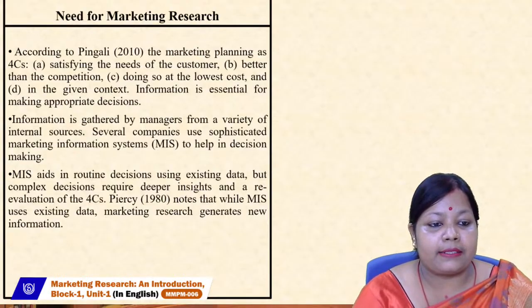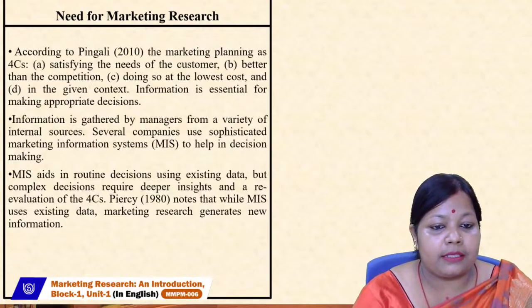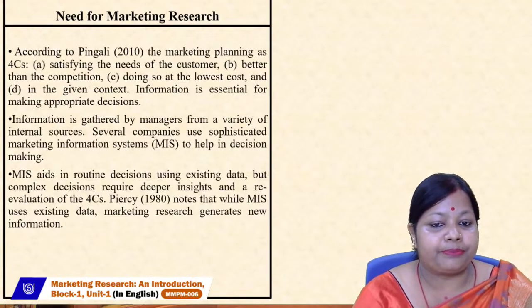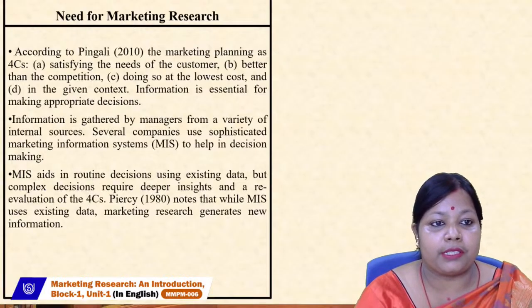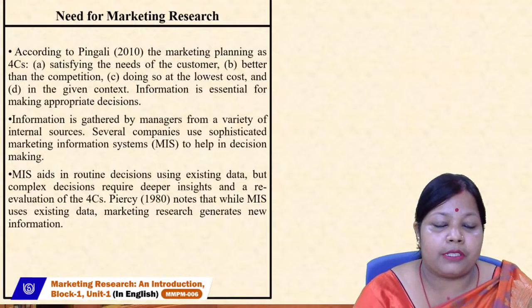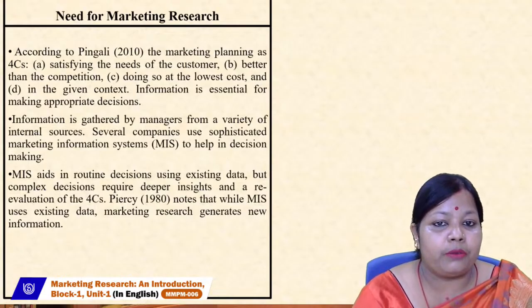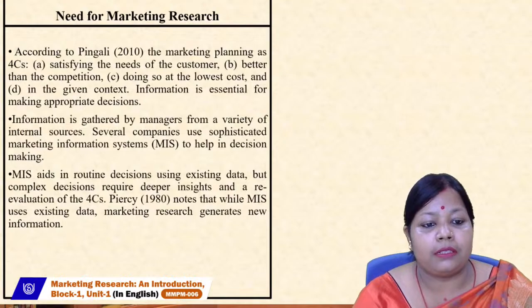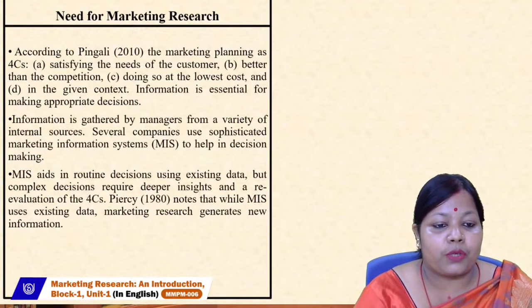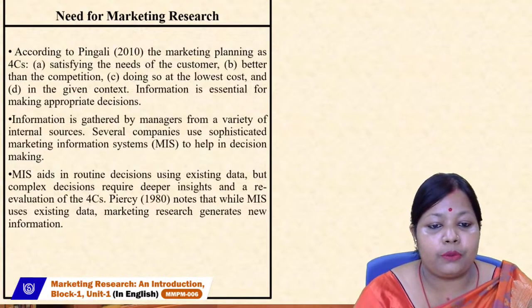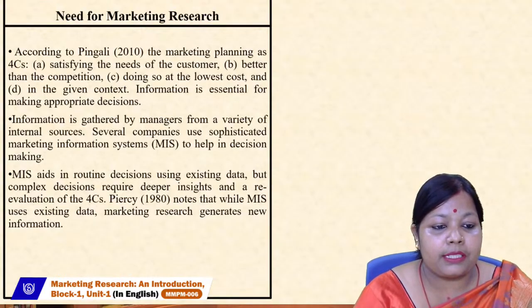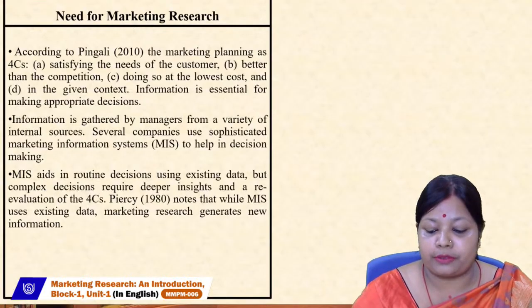MIS aids in routine decisions using existing data, but complex decisions require deeper insights and a re-evaluation of the forces: who the customers are, what type of competition, what should be the lowest cost, and what is the context. So Percy notes that while MIS uses existing data, marketing research generates new information.